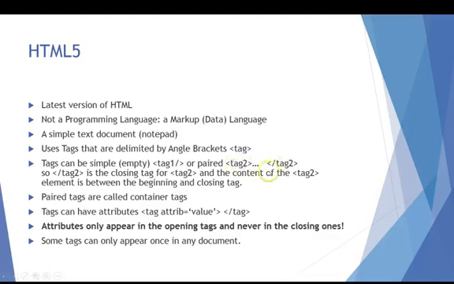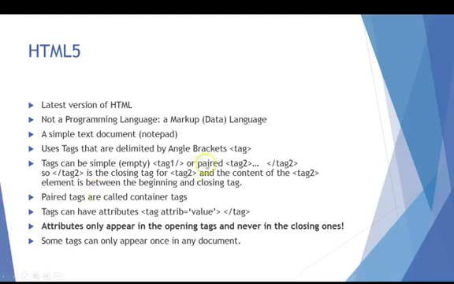And the tags will be the same, except the closing tag will have the slash at the beginning. Okay? So here, slash tag 2 is the closing tag for this opening tag 2. And when we have a paired tag like this, it has content, and the content will go between the opening and closing tag. That could be other tags, that could be just text, could be something else. Okay?